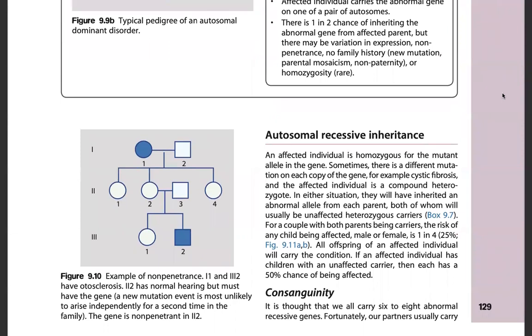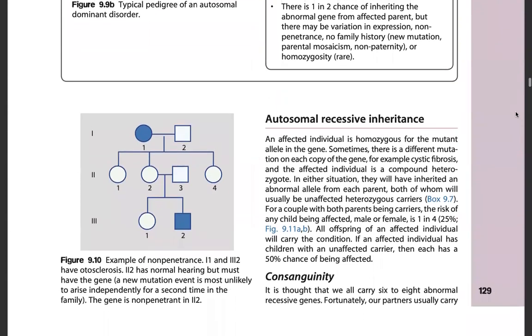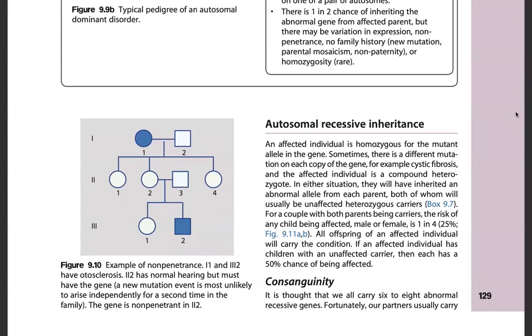Now, in figure 9.10, an example of non-penetrance. Individuals 1 and 3 have otosclerosis; in number 1, the female has otosclerosis.